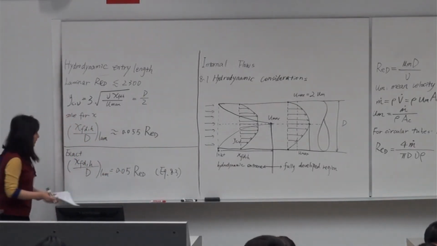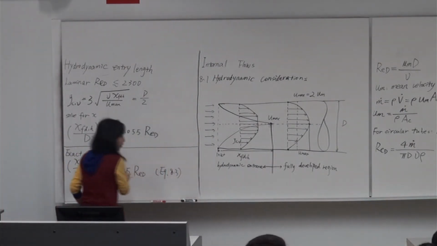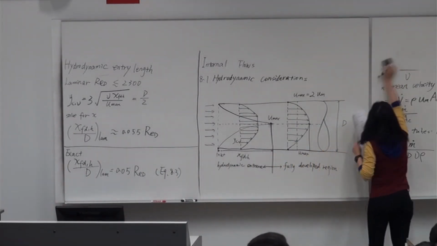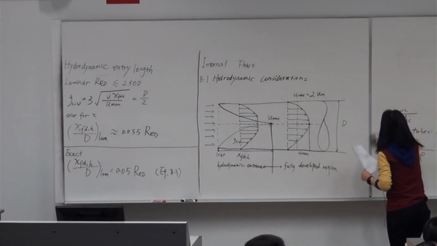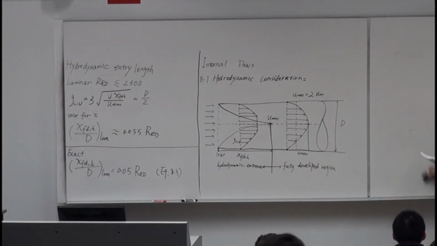So this is just for the laminar case. How about when our Reynolds number is larger than 2,300? What will happen to our hydrodynamic entry length?